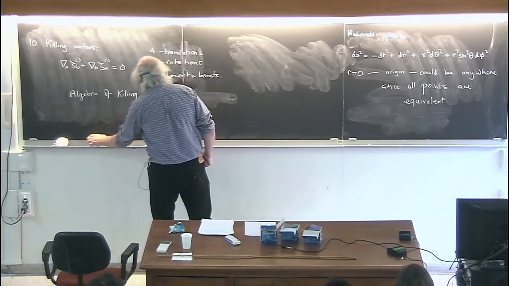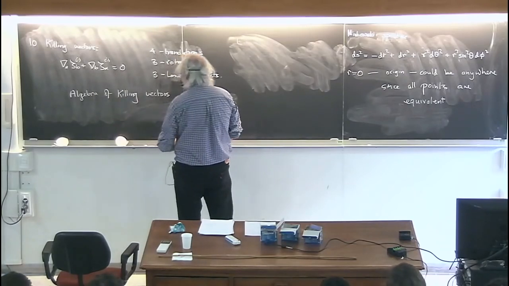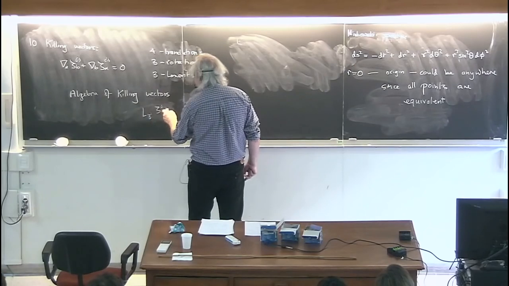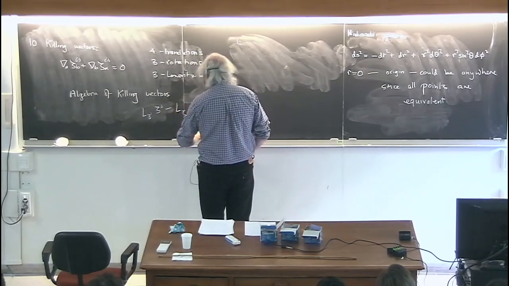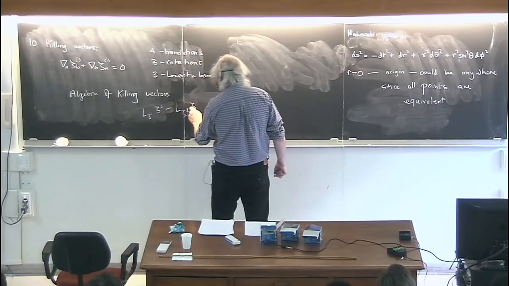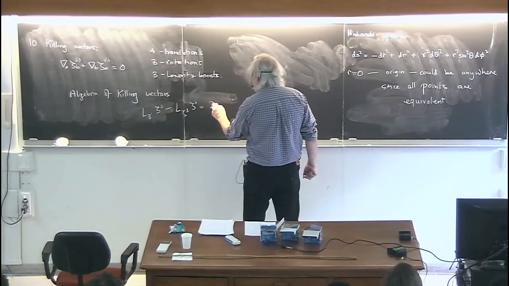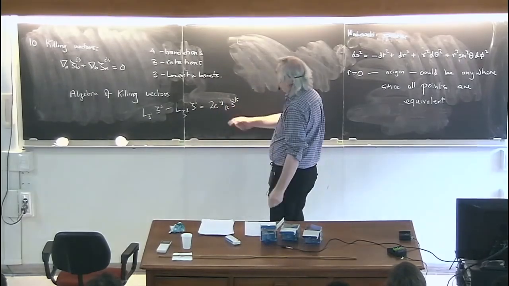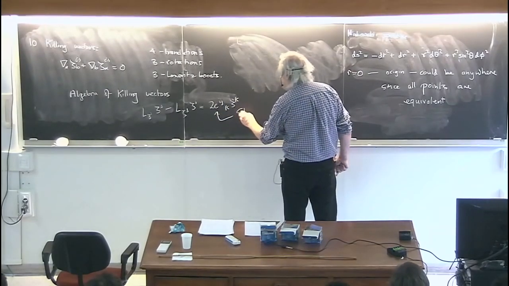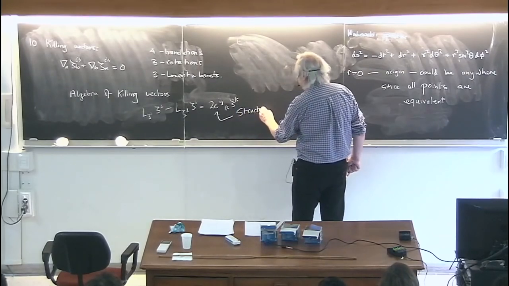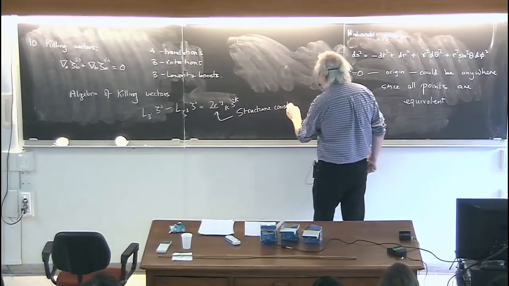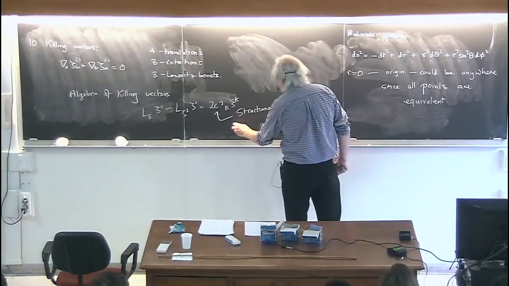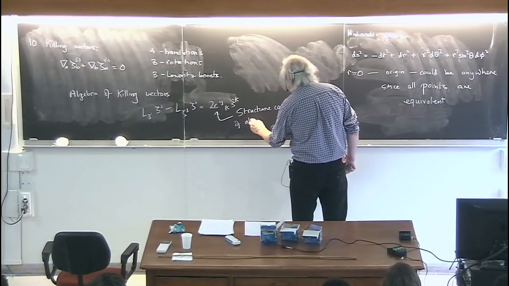Take the Lie derivative of psi I, of psi j, minus Lie psi j psi I. This will be something like 2 c I j k psi k, and these would be the structure constants of the algebra corresponding to the Poincare group.